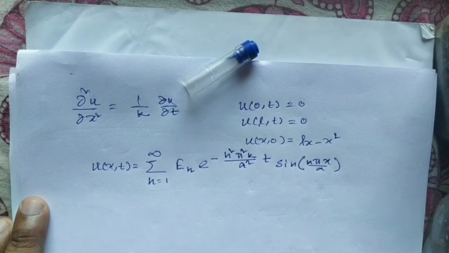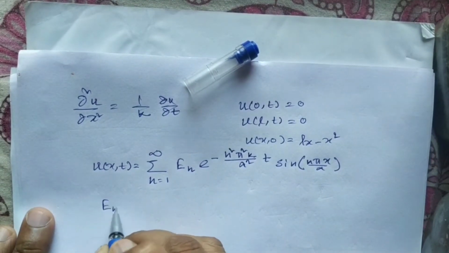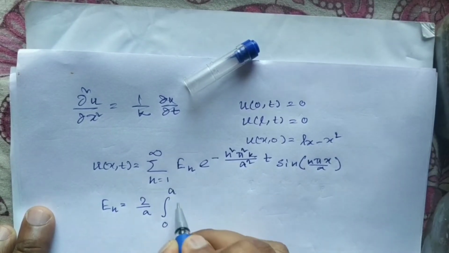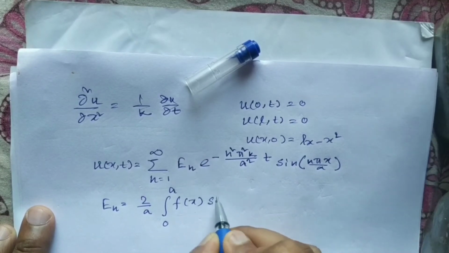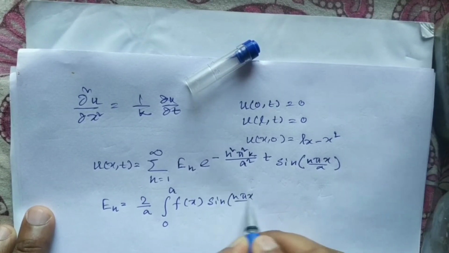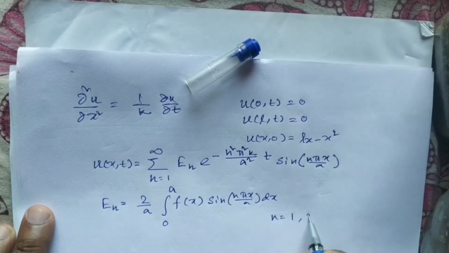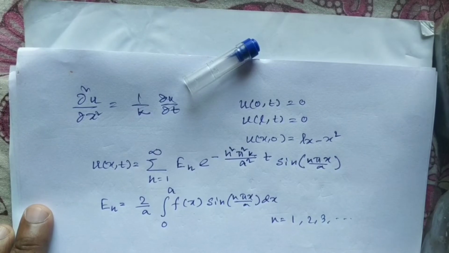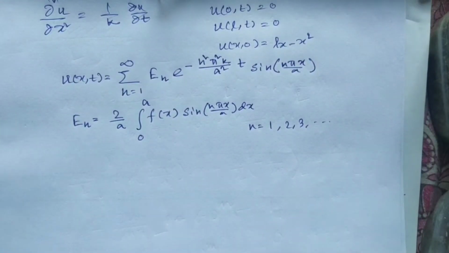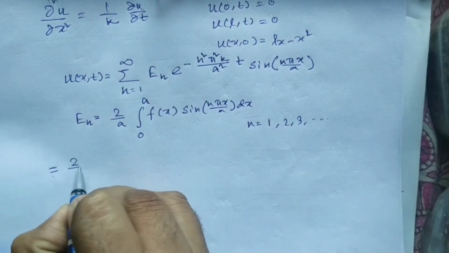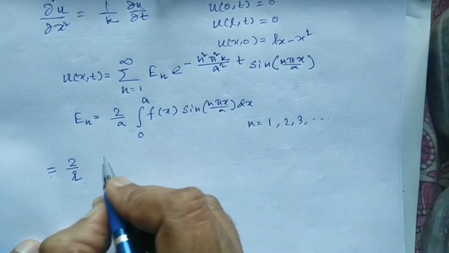This is the solution with the constant En as 2 over a, integral 0 to a f(x) sine n pi x by a dx, where n is equal to 1, 2, 3, etc. Now very clearly we can obtain the value of En, and we will go for that.